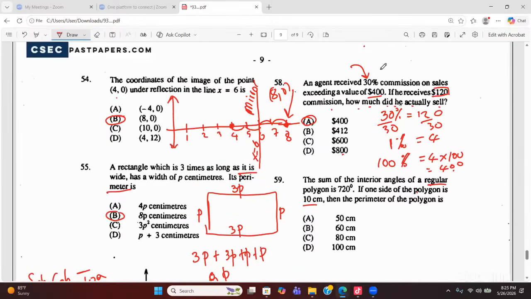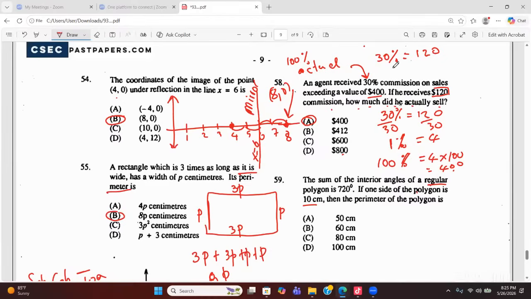I'm just saying 30% is 120. So if you want to find the actual thing, 100% is actual. Think about it. Of course, if I know 30%, I can find 100%. There are many ways to do it.